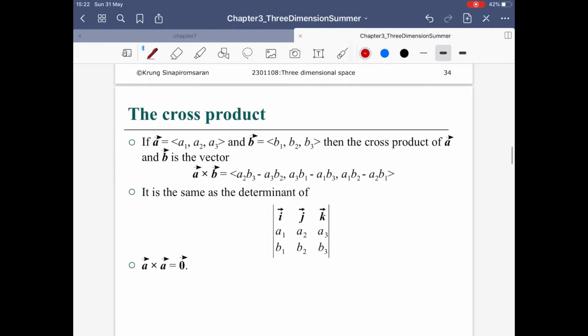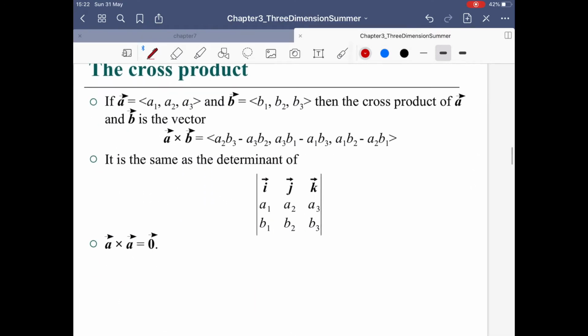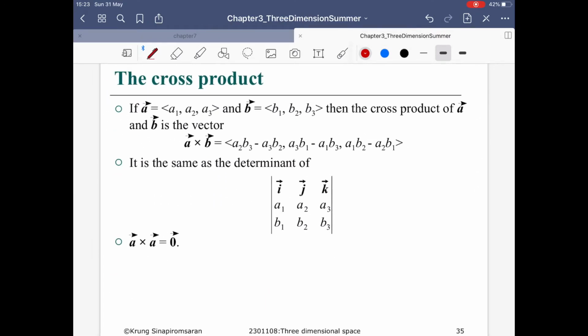So in math, to find the A cross B, we can use this formula. However, to me, I really cannot remember this formula, but we are going to find it using the determinant.